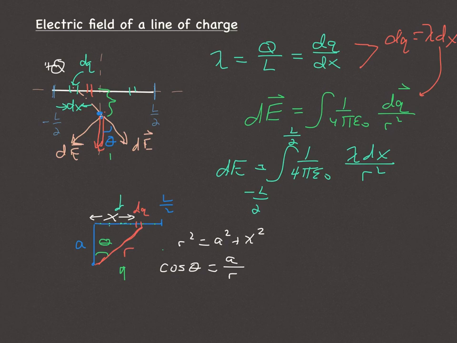We just found what r is from the Pythagorean theorem. So if we substitute r squared in for r squared, and then we have to think about where this cosine of theta is being used. I probably should have got to that a little earlier.